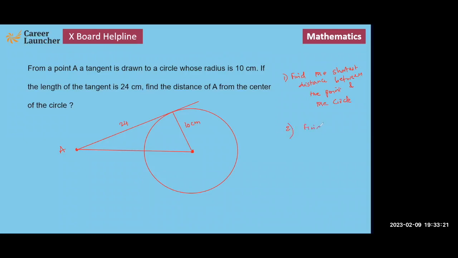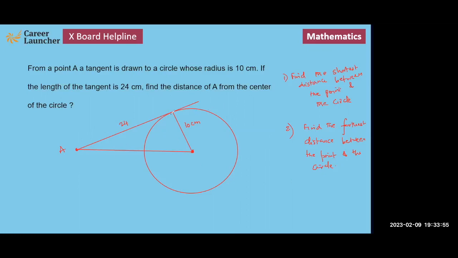Find the farthest distance between the point and the circle, which means आप दो पॉइंट्स चूज करनी है. ये पॉइंट A है और दूसरा पॉइंट कहीं B है, C है, वो दूसरा पॉइंट इट मस्ट बी ऑन द सर्कल. व्हाट इज द शॉर्टेस्ट एंड व्हाट इज द लॉन्गेस्ट? ओके, नाउ this is correct.